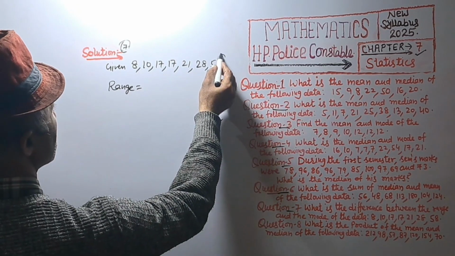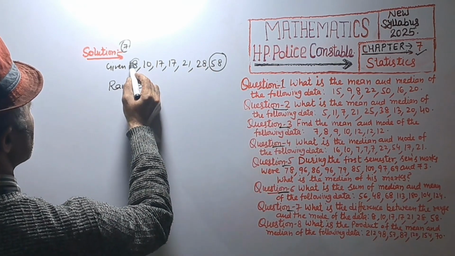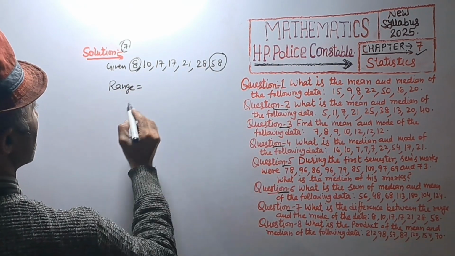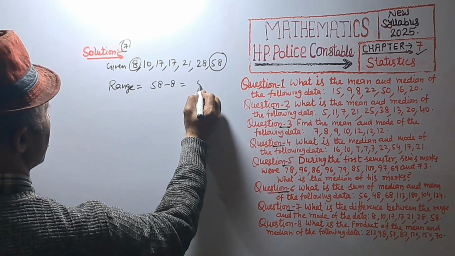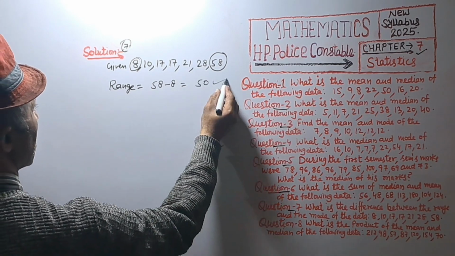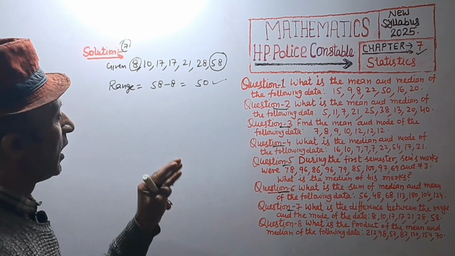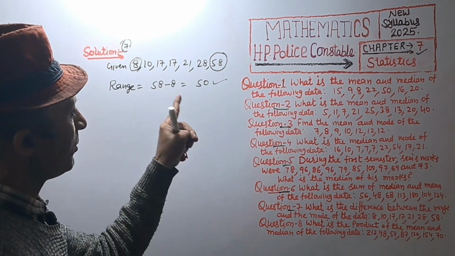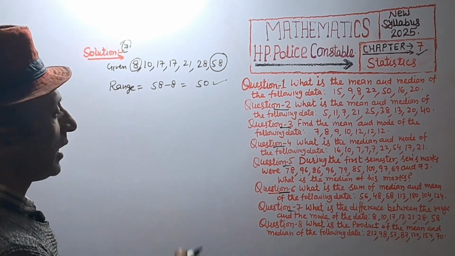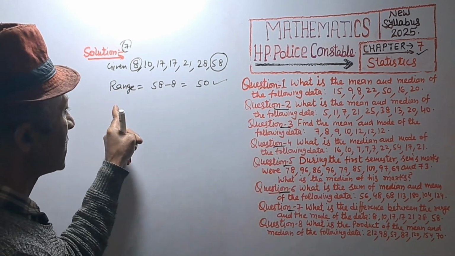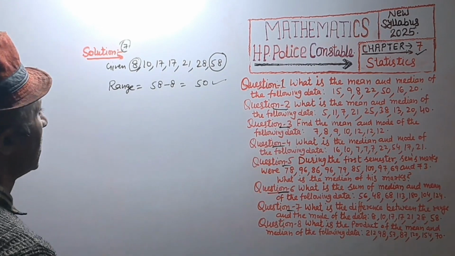Highest number is 58 and smallest is 8. So 58 minus 8 equal to 50. That is called range. In the given data, maximum number is 58 and minimum number is 8, and their difference is called range. That is 58 minus 8 equal to 50.